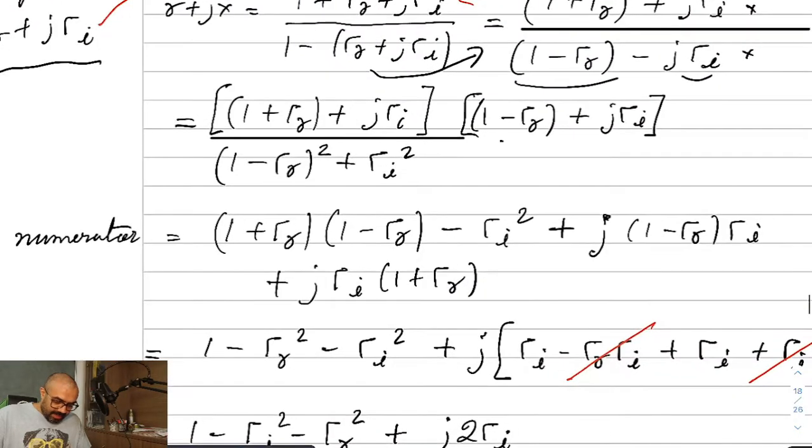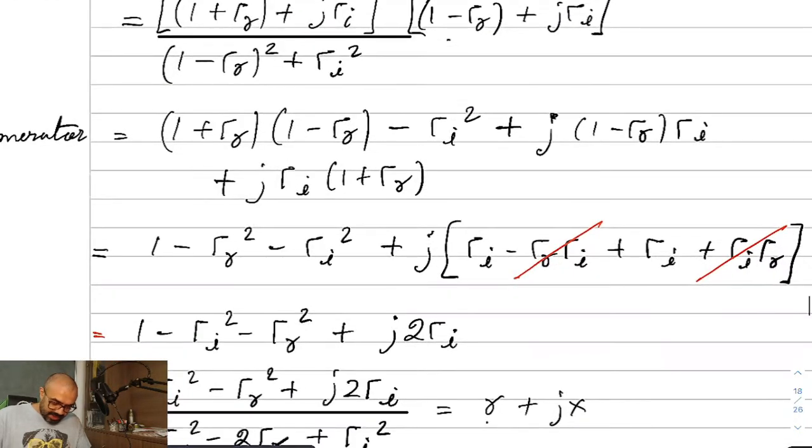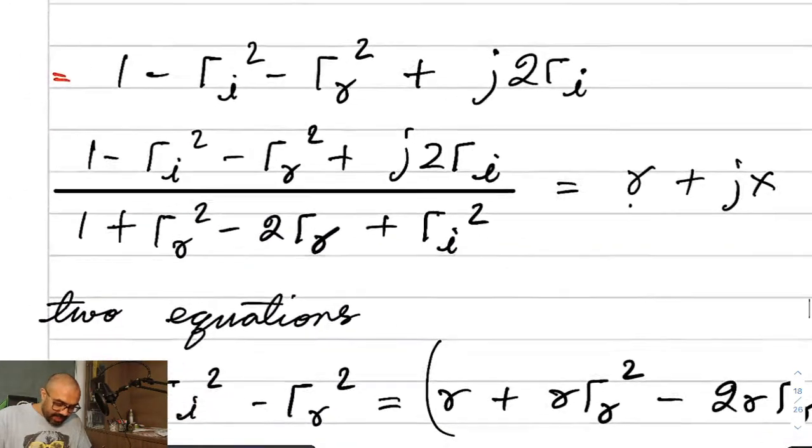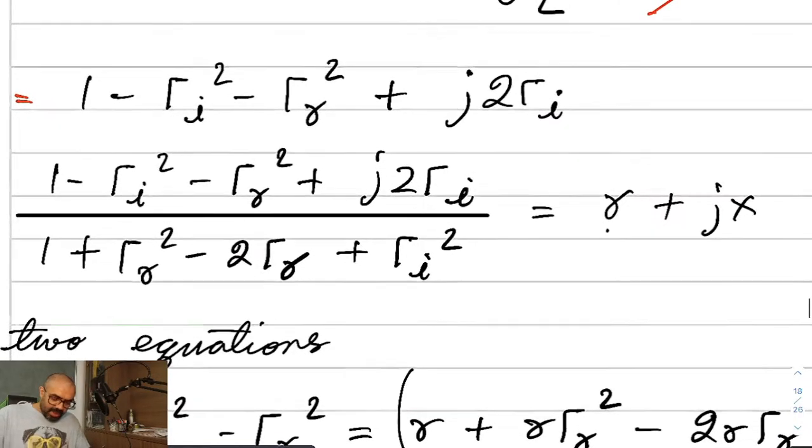And after doing all this, and you can see this derivation, we're going to end up with this equation, where all I've done here is simply converted the denominator into a real number. We get some relationship between r plus jx on one hand and an expression involving gamma i and gamma r on the other hand.